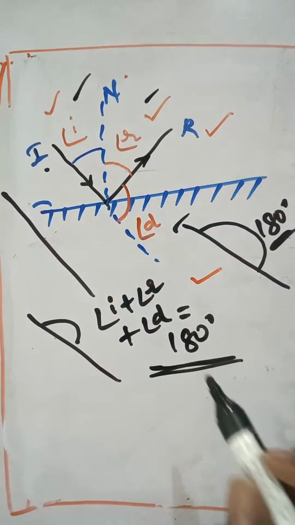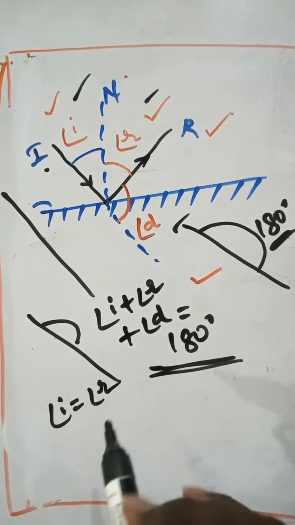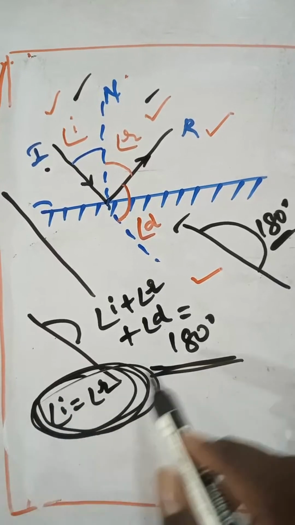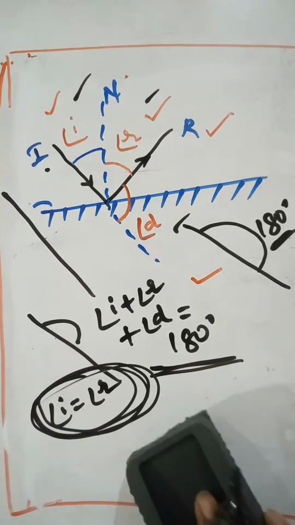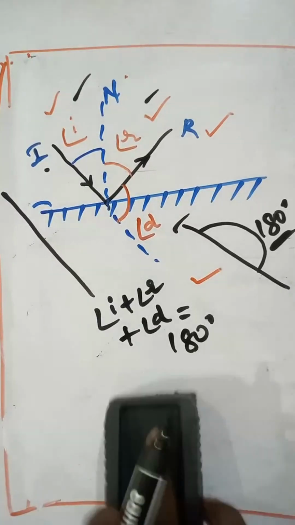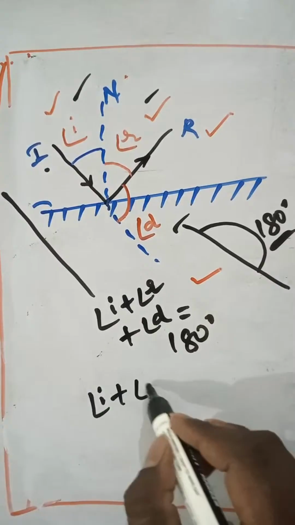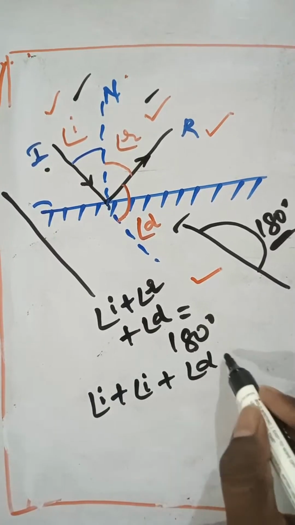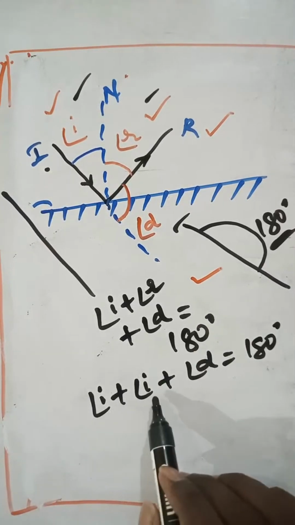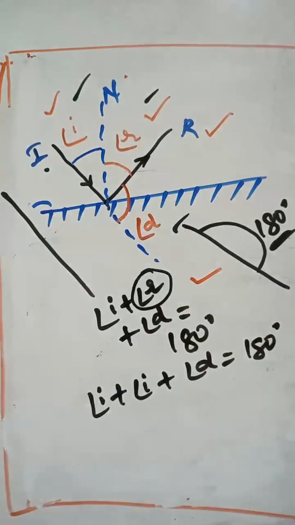I already discussed that the angle of incidence equals the angle of reflection, right? By using this relation, how can I write it? Observe carefully. Instead of the angle of reflection, I take the angle of incidence. So angle of incidence plus angle of incidence plus angle of deviation equals 180 degrees. So the angle of deviation equals 180 minus 2 times the angle of incidence.